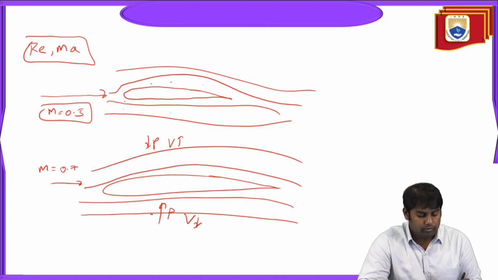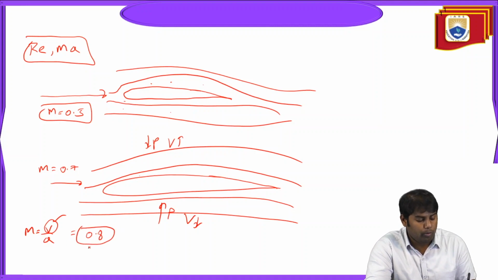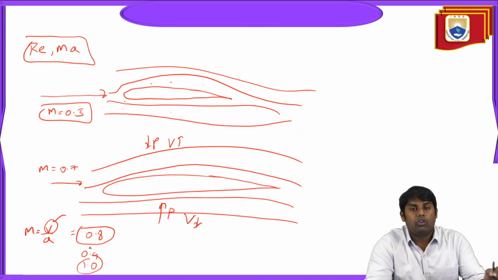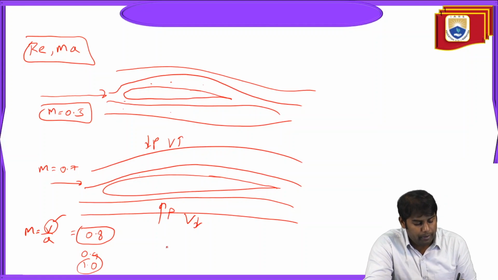So on the top section the pressure decreases and velocity increases. Since Mach number is V by A, the velocity will keep increasing such that it approaches a Mach number of 0.8, then 0.9, and somewhere it will reach 1.0. So when the Mach number approaches 1.0, what happens?